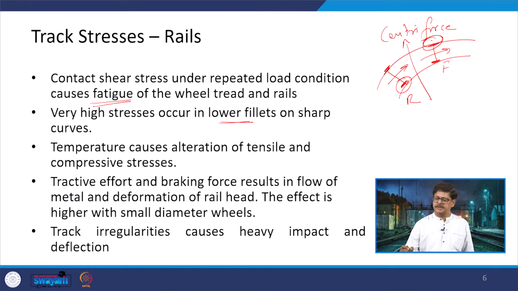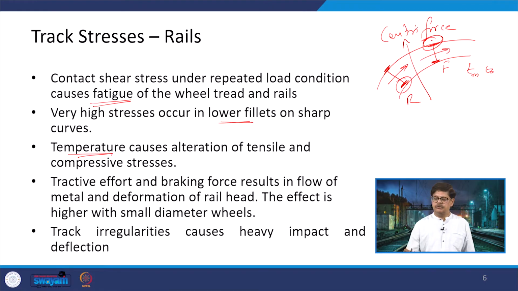Another condition is that temperature variations can be there. There is already a temperature at which the rail is being laid. If we are talking about the mean temperature or the stress-free temperature, we will be discussing these temperatures a bit later when we take up LWR and the breathing lengths.